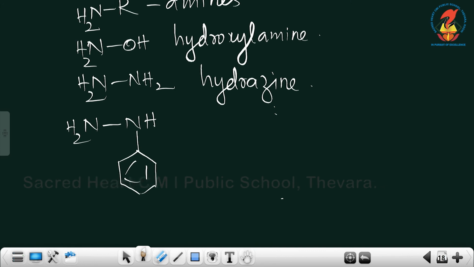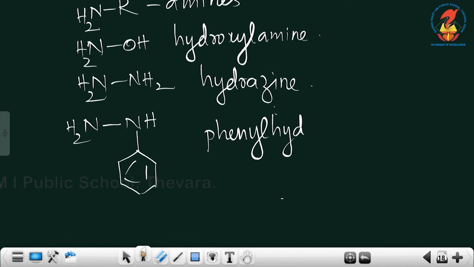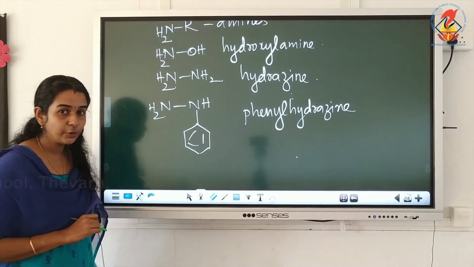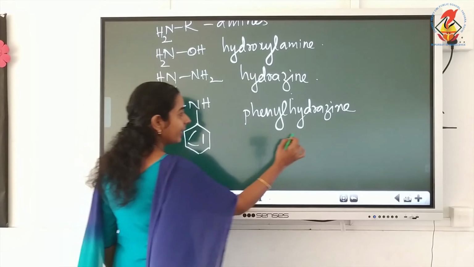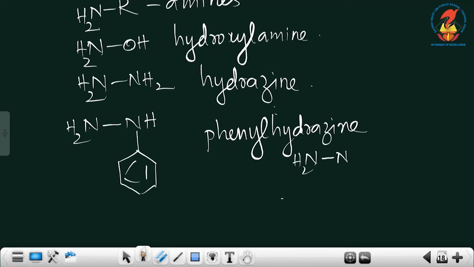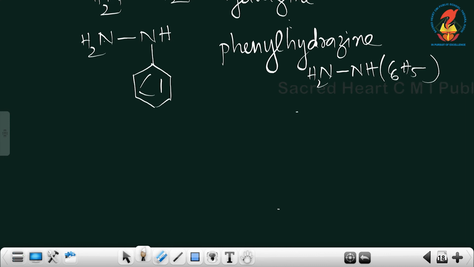The name of this reagent, if this is hydrazine, we can call it phenylhydrazine. Phenylhydrazine, what is the formula? NH2NH benzene ring, or we can write it as NH2NHC6H5, or we can write from that side also. Okay, both are correct.